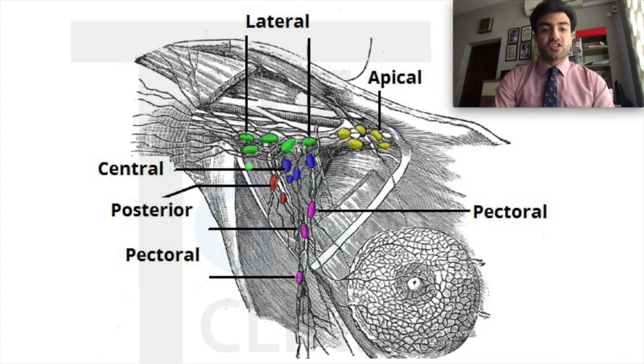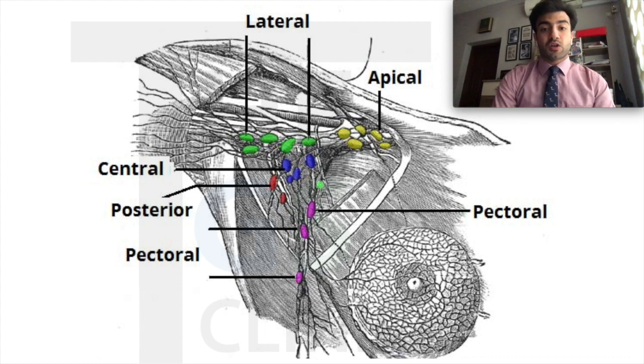The second is the posterior group, in red color, located anterior to the subscapularis muscle, and responsible for the lymph drainage of the posterior aspect of the body down to the level of the iliac crest. We also have the lateral group, in green color here, responsible for the lymph drainage of the upper limb, except for the anterolateral part.